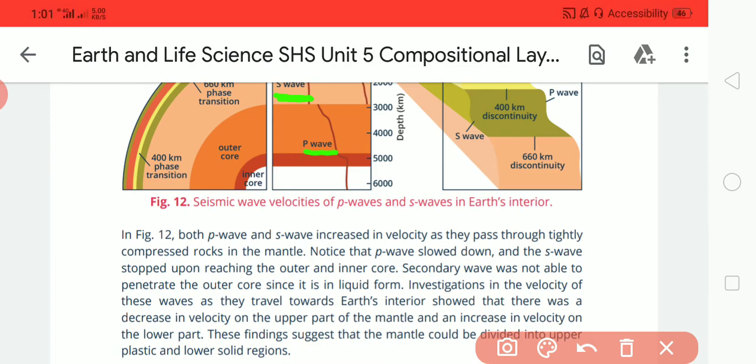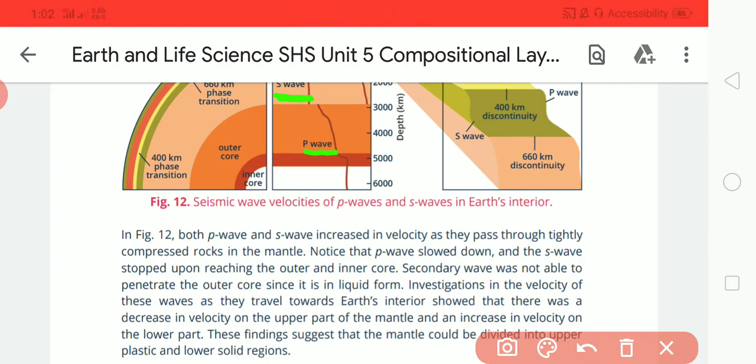Investigations in the velocity of these waves as they travel towards Earth's interior showed that there was a decrease in velocity on the upper part of the mantle and an increase in velocity on the lower part. This finding suggests that the mantle could be divided into upper plastic and lower solid regions.